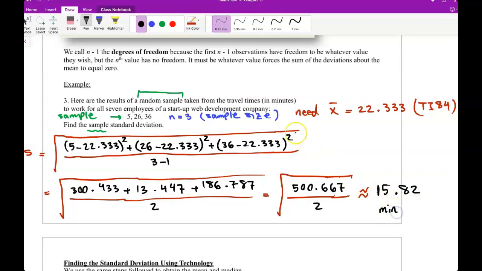And it's in minutes. This is the sample standard deviation.